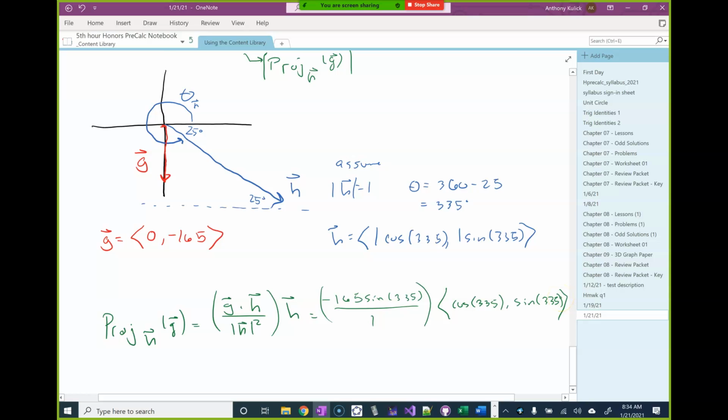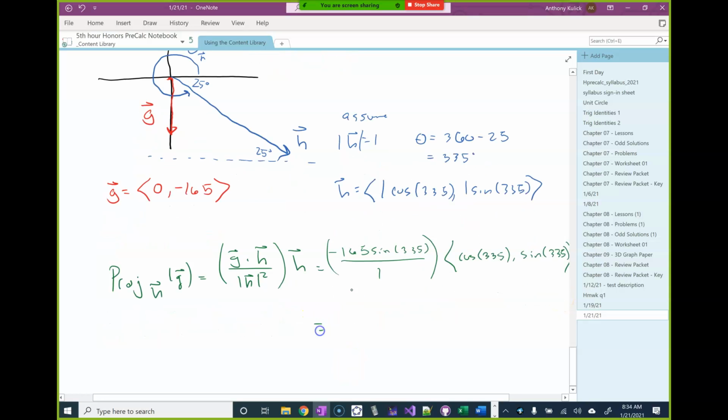And there's my vector H. And when I do that scalar multiplication, I get about 63.20, negative 29.47.